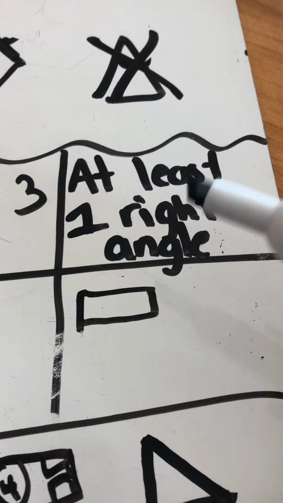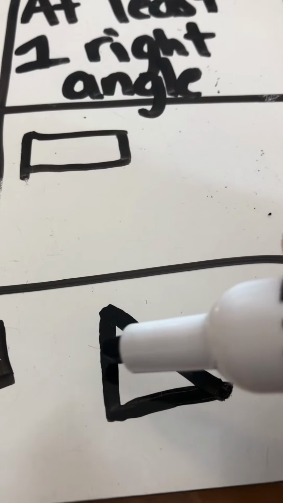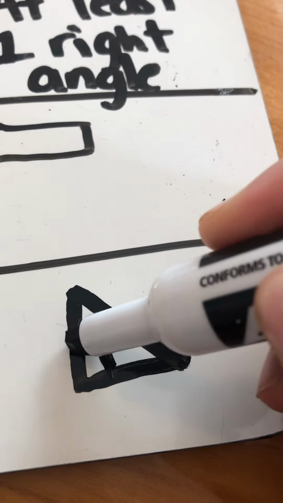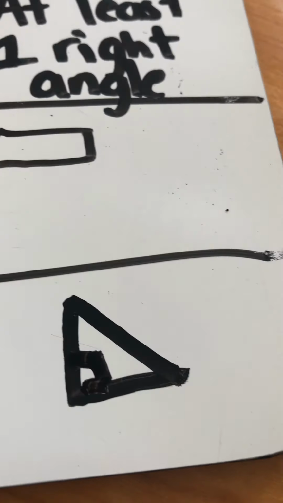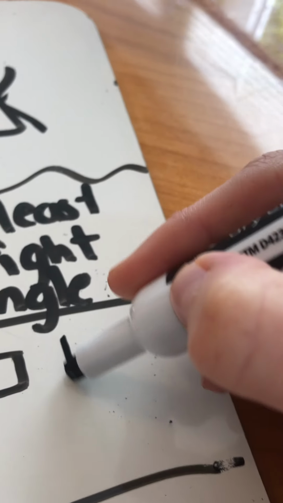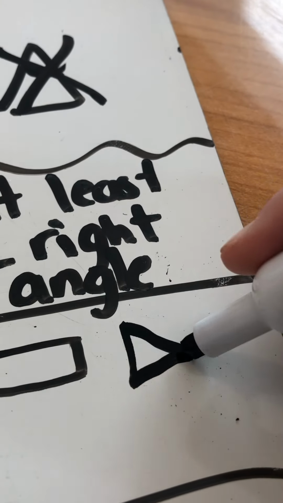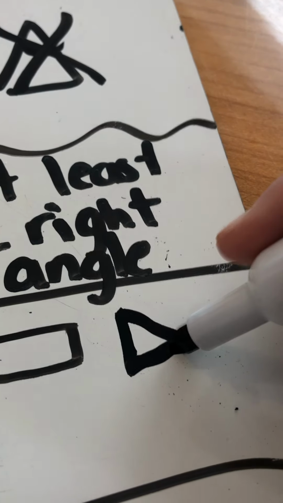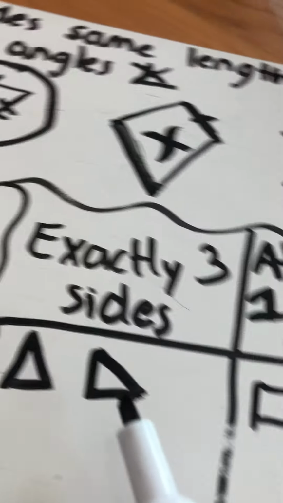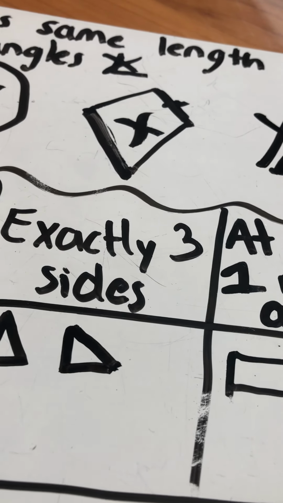But let's check for right angles. I see 1 right angle right in this corner, guys. Do you see that? It's a perfect square, 90 degrees. So this shape would also belong here. Wow, he's lucky. He can be on 2 different sides. So this shape can belong to at least 1 right angle and exactly 3 sides.